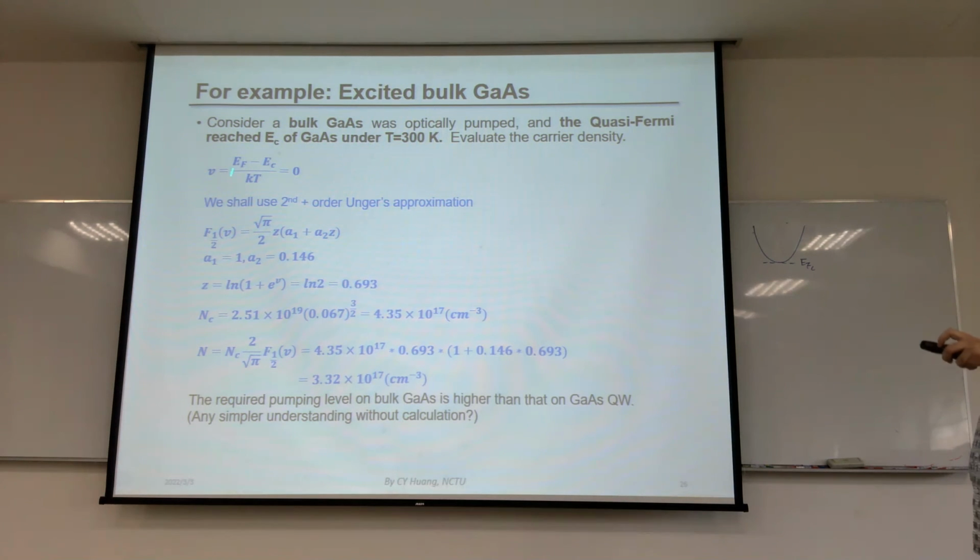Since the 2 over square root pi and pi over square root can be eliminated, I didn't really come to that. So you only need to calculate the density of states times this one plus second order, and this is your final answer. So it's actually pretty straightforward. You only need to know which model is the one we should pick.